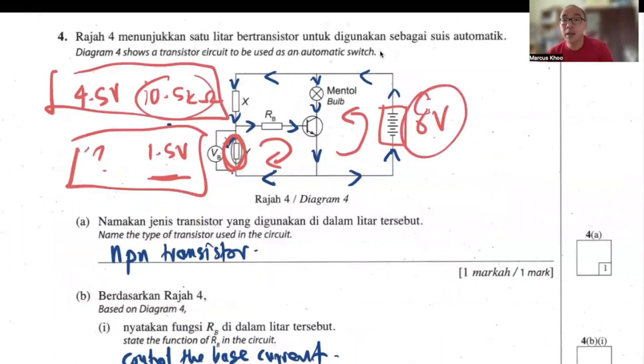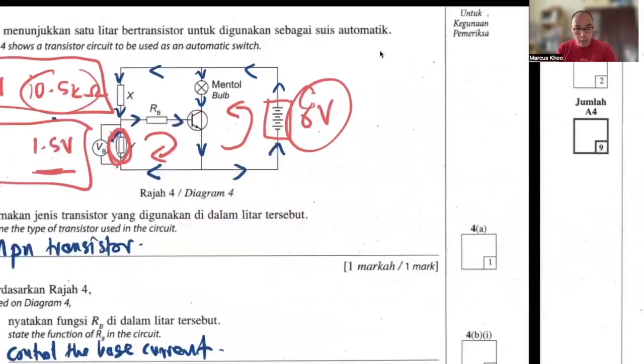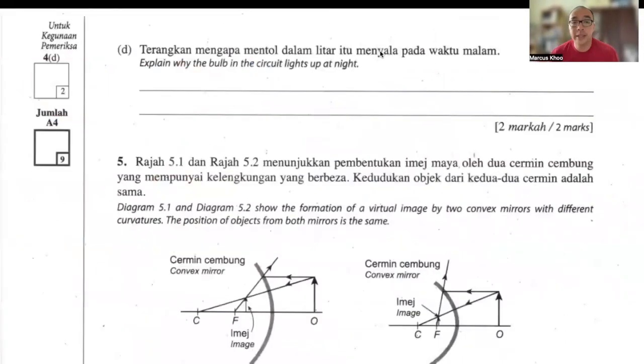Okay, all right. Explain why the bulb in the circuit lights up at night. So this is an explanation question, and since it is 2 marks, first of all, we know that the resistance of the LDR increases at night.